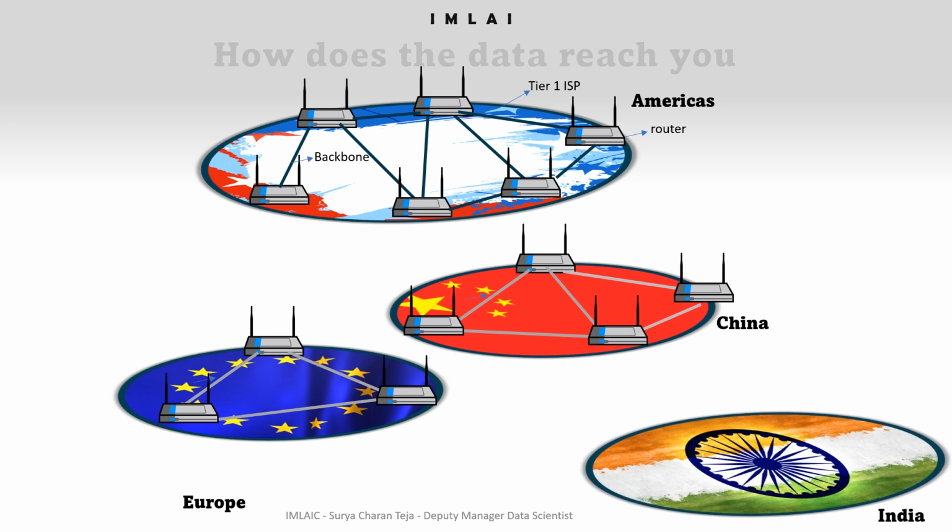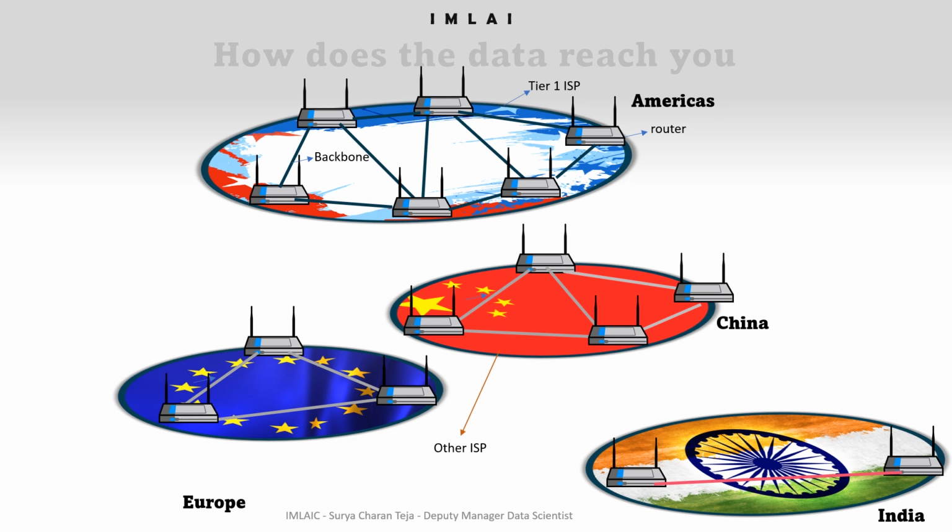Then same goes with India. India has their own subnet, routers, and transmission lines. And here, America's internet service provider could be some other enterprise, and in Europe somebody, in China somebody, in India somebody. It is not the same. In India it could be Jio or somebody else, and in America it could be somebody else.